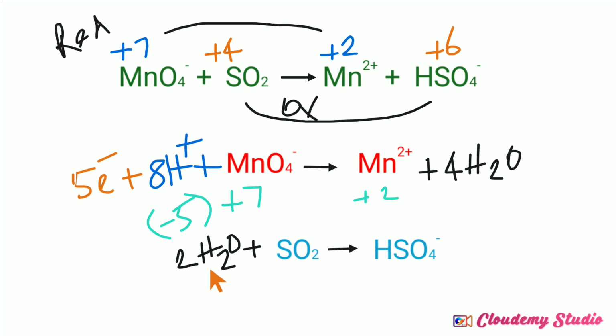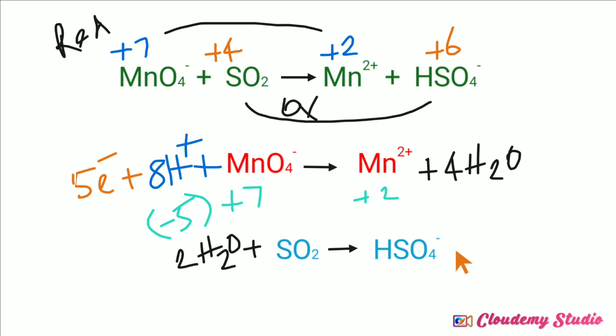Now on the left hand side, the total number of hydrogen atoms is 2 times 2, 4 hydrogen atoms. But on the right hand side, only 1 hydrogen atom is present already. Therefore, 3 more hydrogen atoms are required.